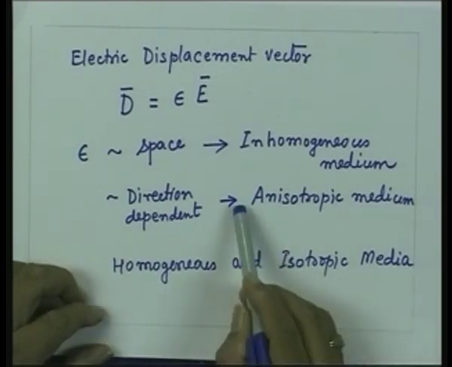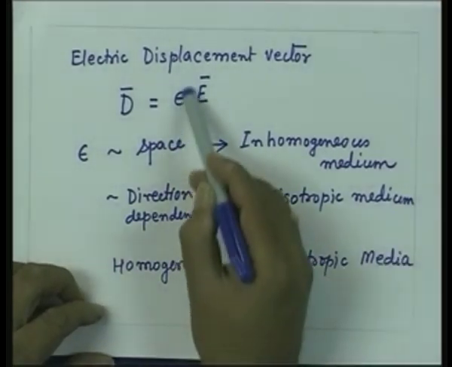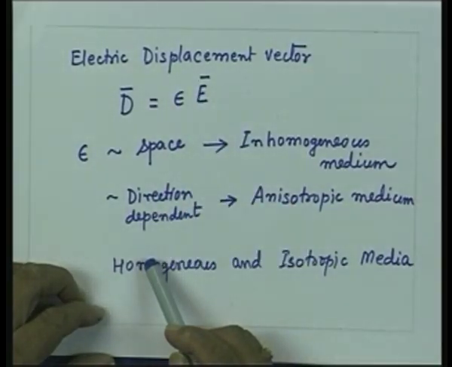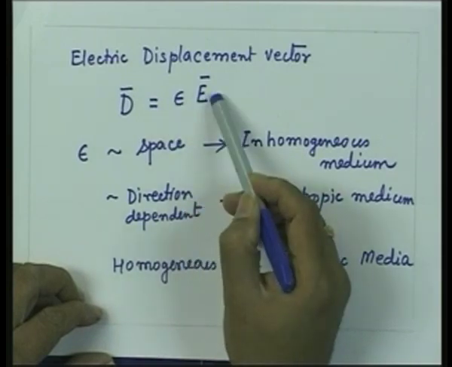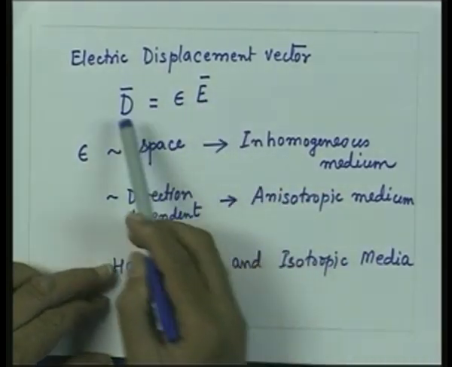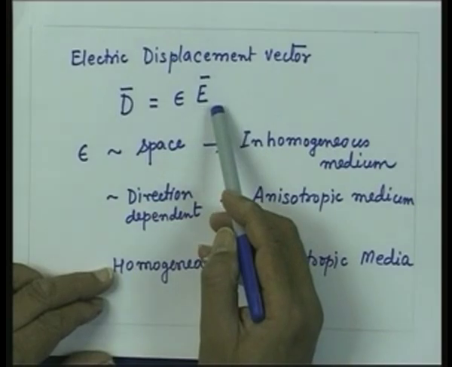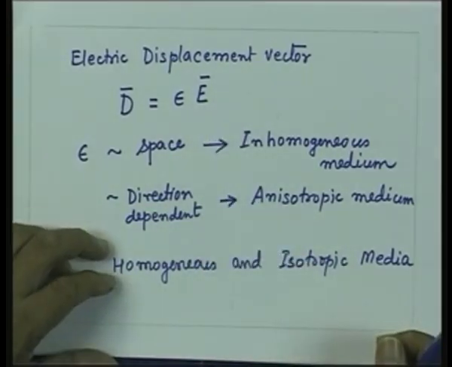However, if I take a medium which is anisotropic, then in general this is a 3 by 3 matrix. So, essentially it rotates this vector E, and in general the displacement vector and the electric field vector are not in the same direction.